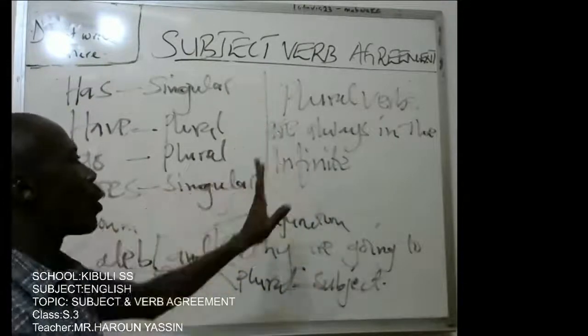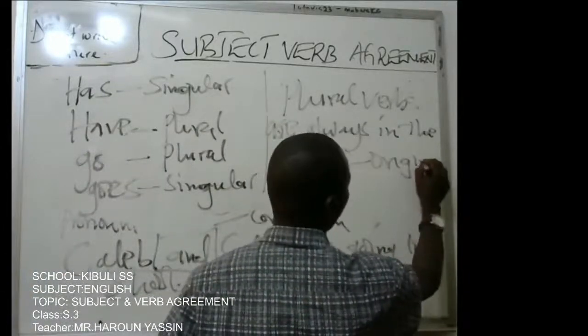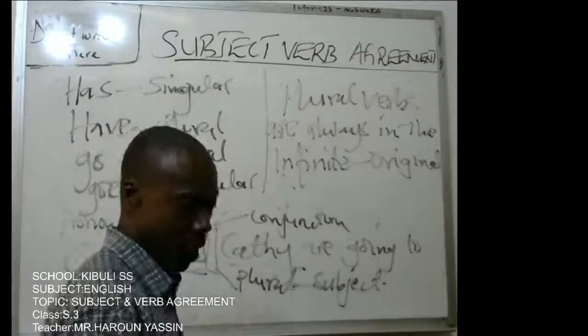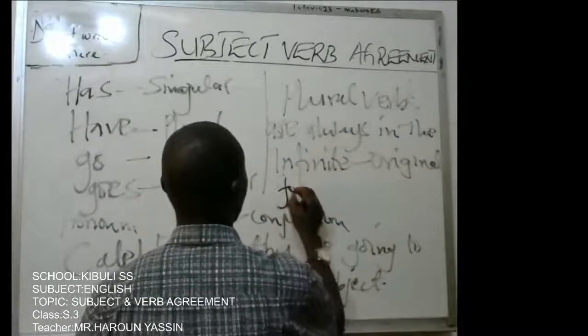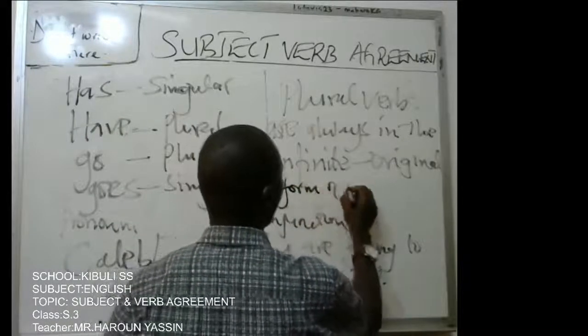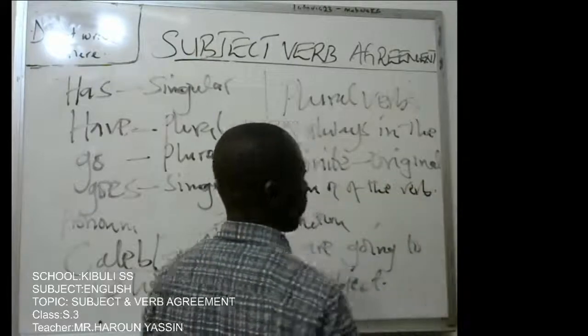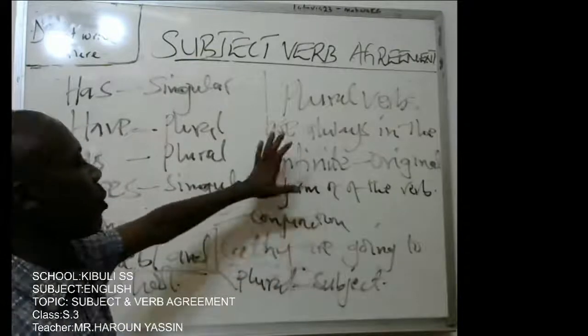What is it that we call the infinite form? This is the original form, the original form of the verb. This is what we call the infinite form of the verb.